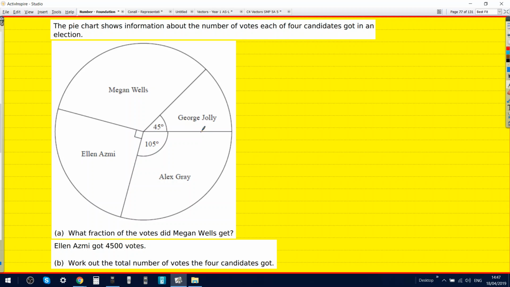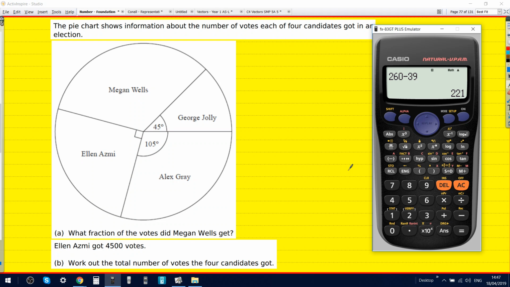We know that the angles there currently add up to 150. So we've got 150 left. No, what am I talking about? 360 take away 150. And then whatever the answer is, you divide it by 2. Why would you divide it by 2? Actually, no, that's wrong because that's a right angle. This one's 90.